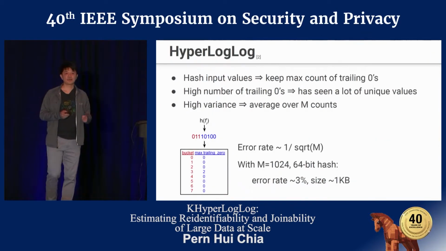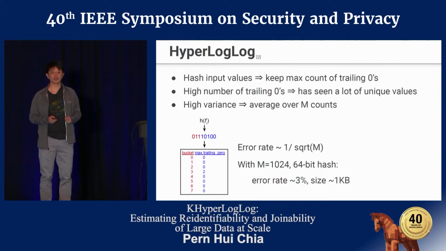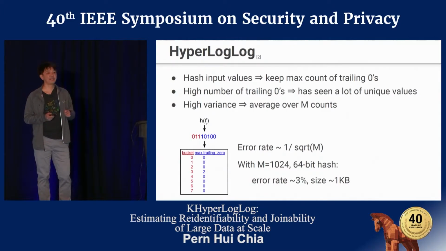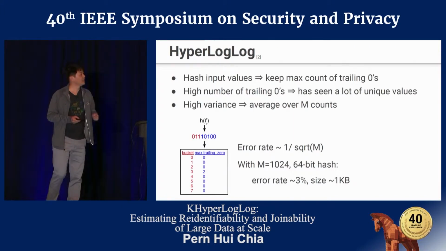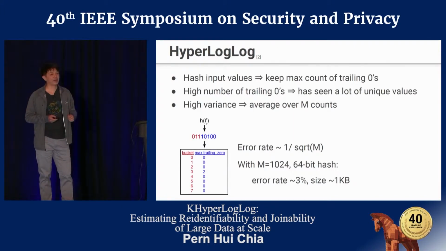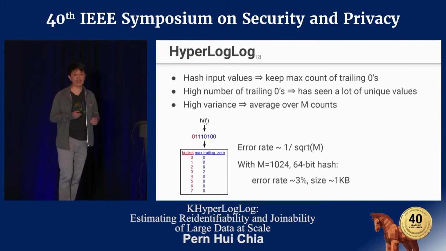Instead of keeping the 64-bit hash values, HyperLogLog counts and keeps the number of trailing zeros in the hash value. The intuition is as such: if we have seen a hash value with a lot of trailing zeros, which is quite unlikely in practice, then it is likely that we have seen a lot of unique values. HyperLogLog uses M counters.